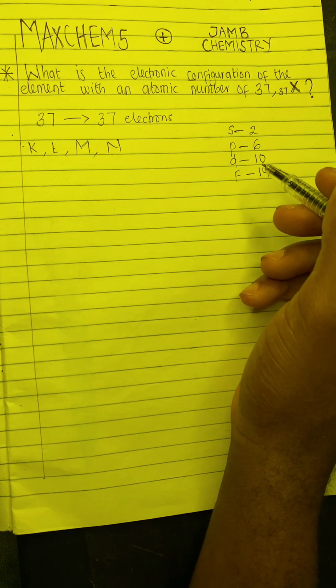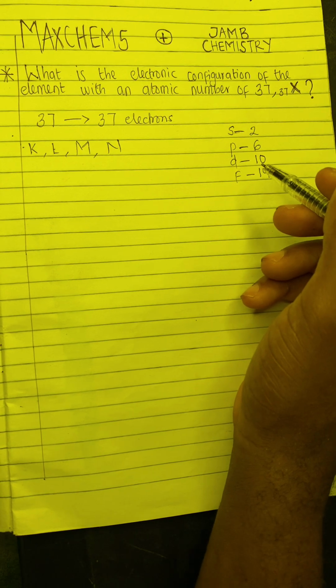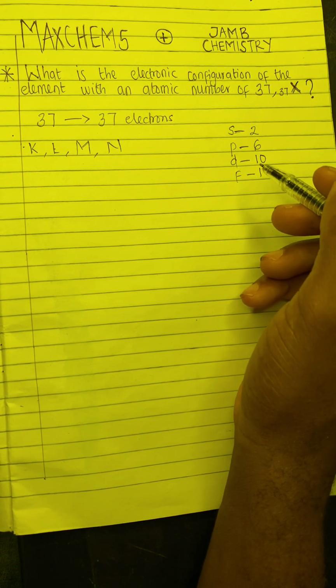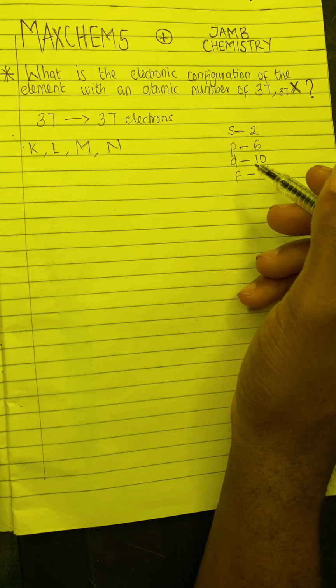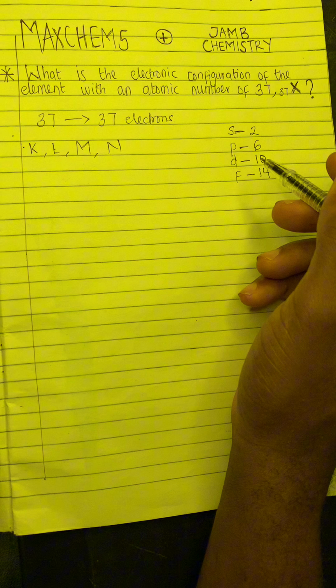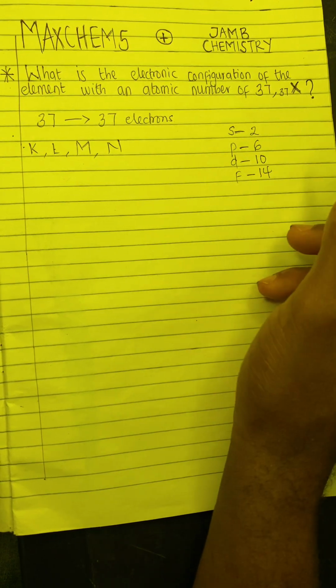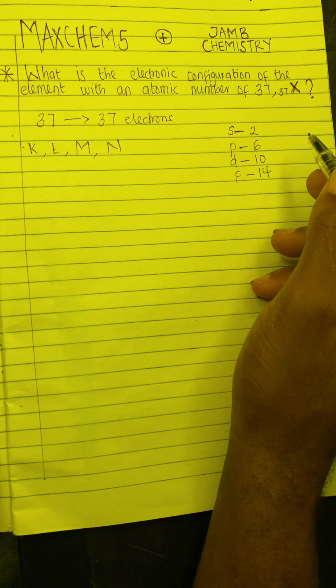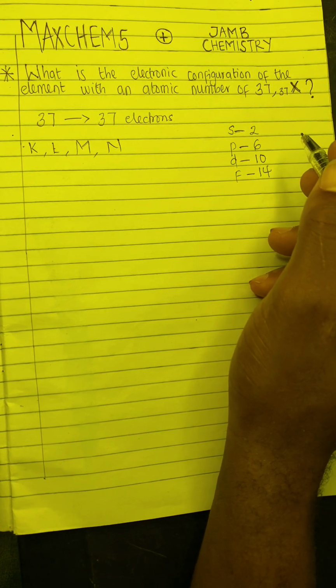This Aufbau principle actually has some exceptions, because some elements don't usually have their electronic configuration like that. Elements like chromium, copper, gold, or even silver don't usually conform to the Aufbau principle, because sometimes there is a jumping of electrons, and most times the d and the f block elements, most of them or some of them, don't usually conform to the Aufbau principle.